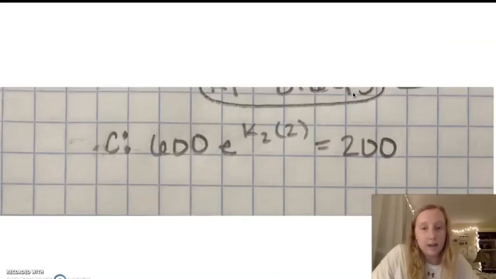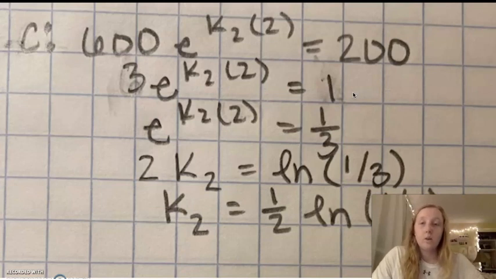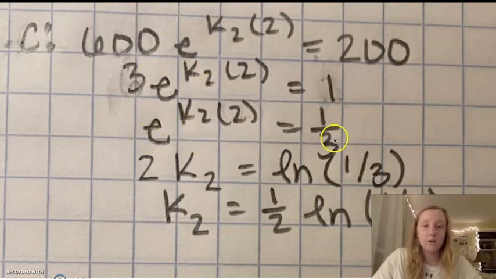Next, we're going to move on to the cats. We're going to do the same thing. All I did was rewrite the equation. 600 times e to the k2 times 2 equals 200. Here we can solve. We divided both sides by 200, and then again by 3 here.